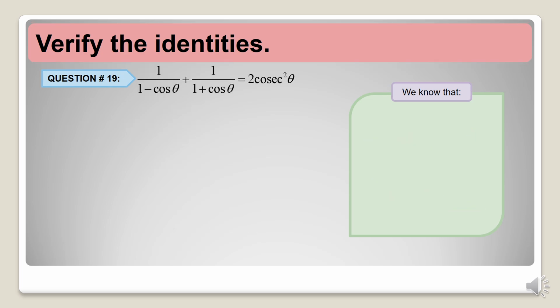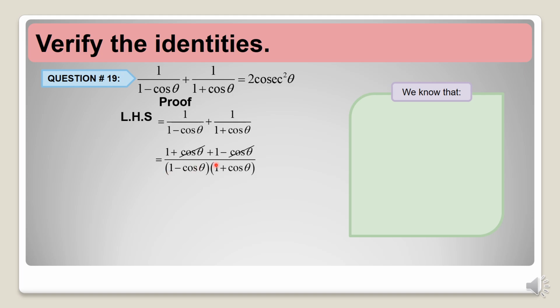The next question we have is 1 over 1 minus cos of theta plus 1 over 1 plus cos of theta. We will take the LCM in the left hand side as we have done earlier. The product of both values is the LCM. 1 minus cos theta will cancel 1 minus cos theta.